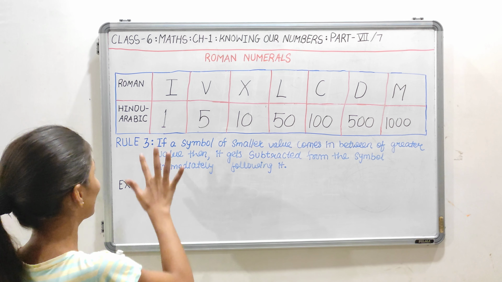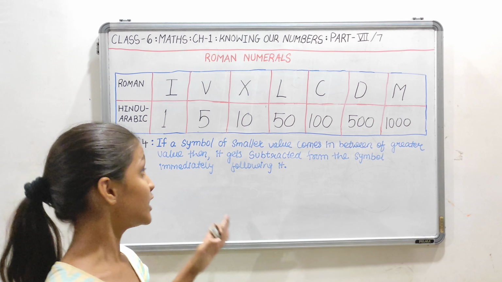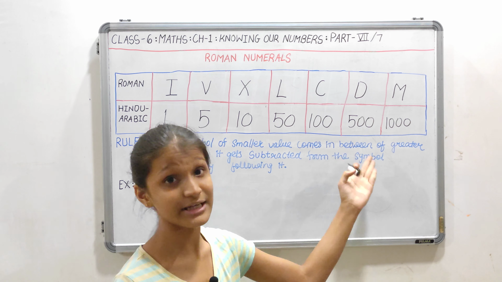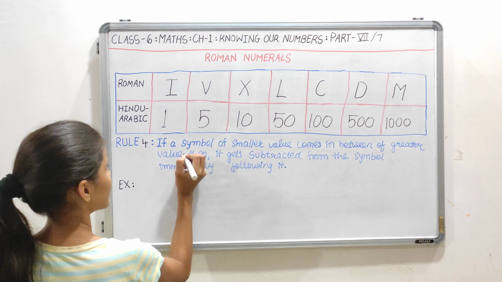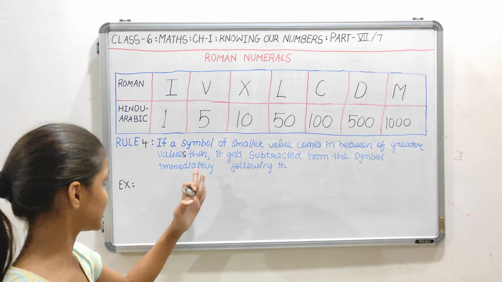Now our next rule, rule 4, is: if a symbol of smaller value comes in between greater values, then it gets subtracted from the symbol immediately following it.